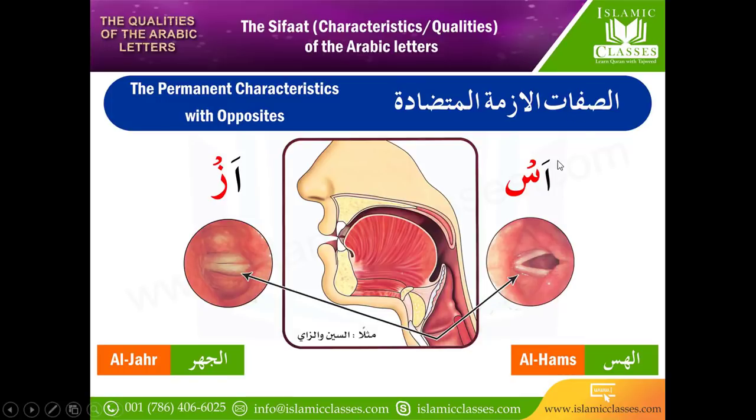The examples of both are here, and we say as. Look, it's very simple, and the vocal cords do not vibrate. As, but the air is flowing. And here what happened, the vocal cords vibrate but the air does not flow. We say az, and some sound is coming in the za. That is basically another quality.